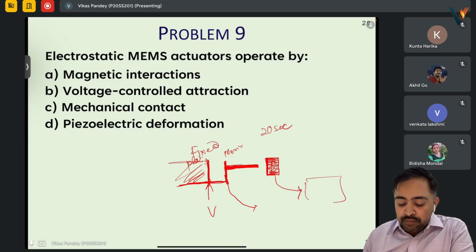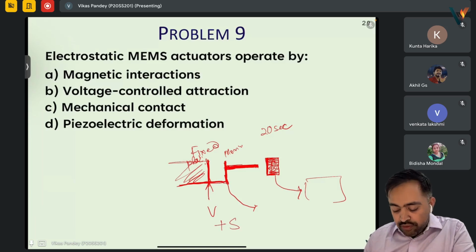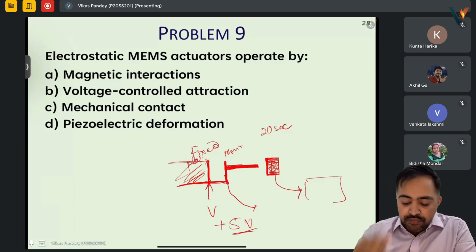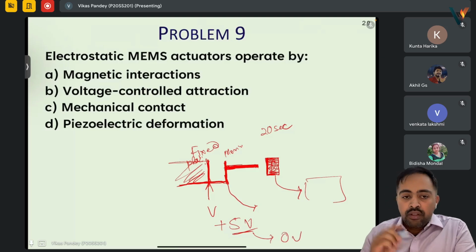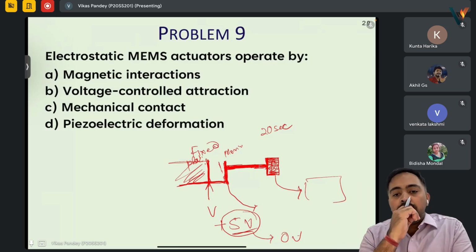To keep it apart, we are putting some voltage, say 5 volt, for 19 seconds, and then we are making this voltage 0 volt. When it is 5 volt, this will come here and it will get disconnected. When it is 0 volt, it will come back to its original position and make a connection.